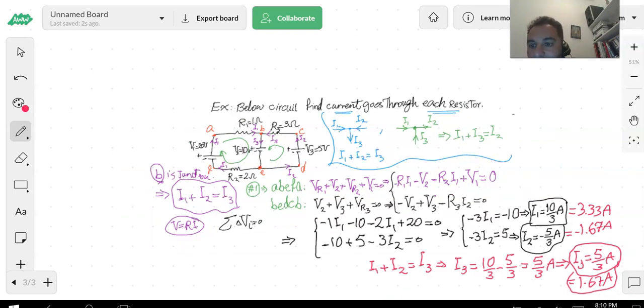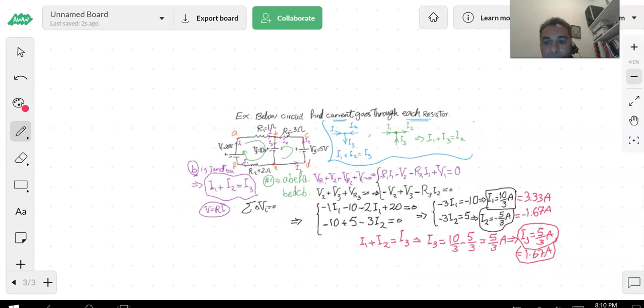Make sense? So this is how we can solve Kirchhoff's rules. On the next page, I want to give you one problem, one example, and you have to do it as a quiz.